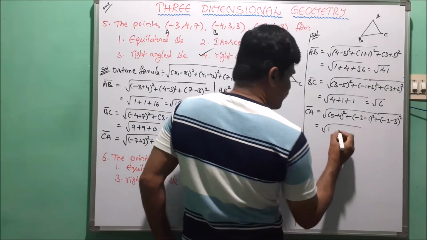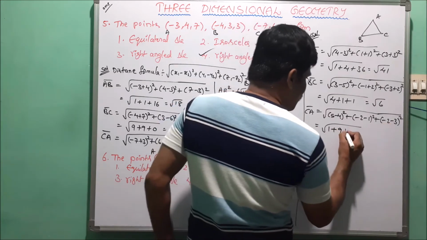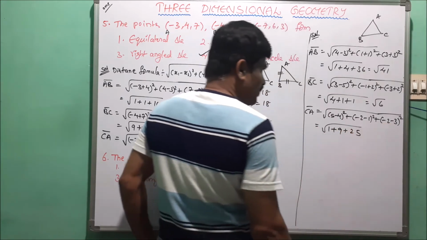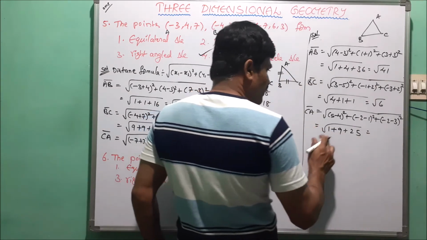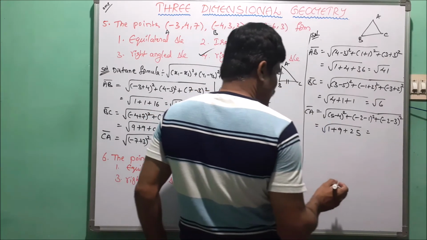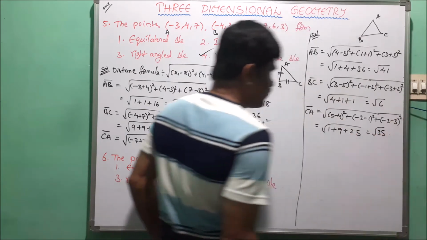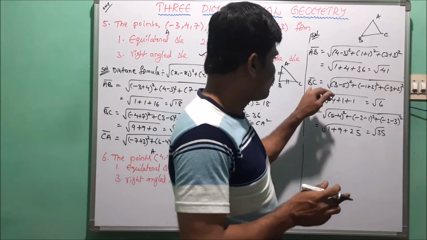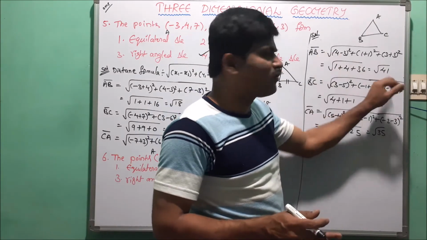Minus 3 square is 9, minus 5 square is 25. So we have 25 plus 1, 26, 26 plus 9, 35. So square root 35. We have to observe: BC value root 6, CA value root 35, and AB value root 41.